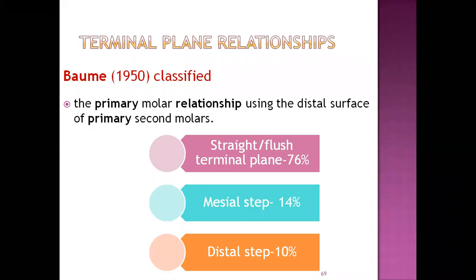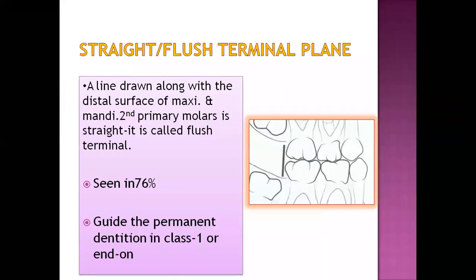Now, terminal plane relationship. In 1950, Bowman classified the primary molar relationship using the distal surface of the primary second molar into three categories: flush terminal plane, mesial step and distal step.